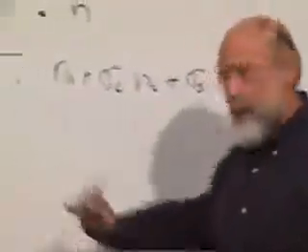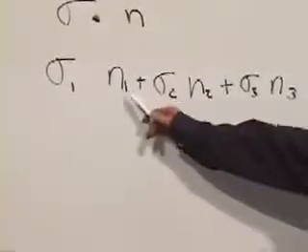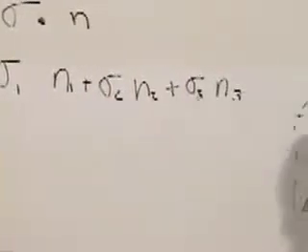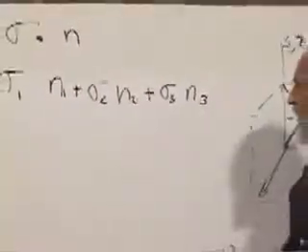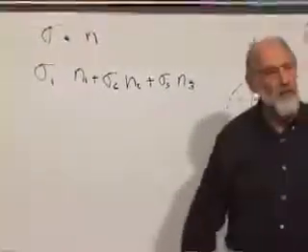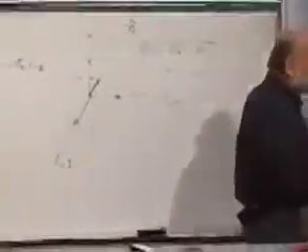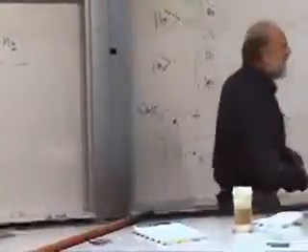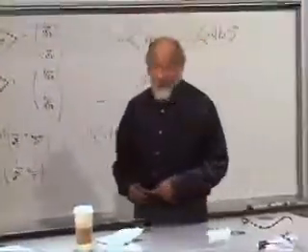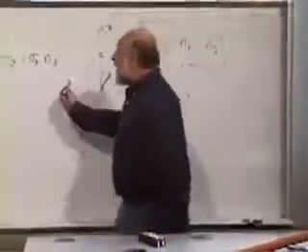Namely, we take the operator sigma 1, multiply it by n1, add to it the operator sigma 2 times n2, add to it the operator sigma 3, and multiply it by n3. That's a candidate, and it is the correct candidate, which we can call sigma dot n, but it's an operator.